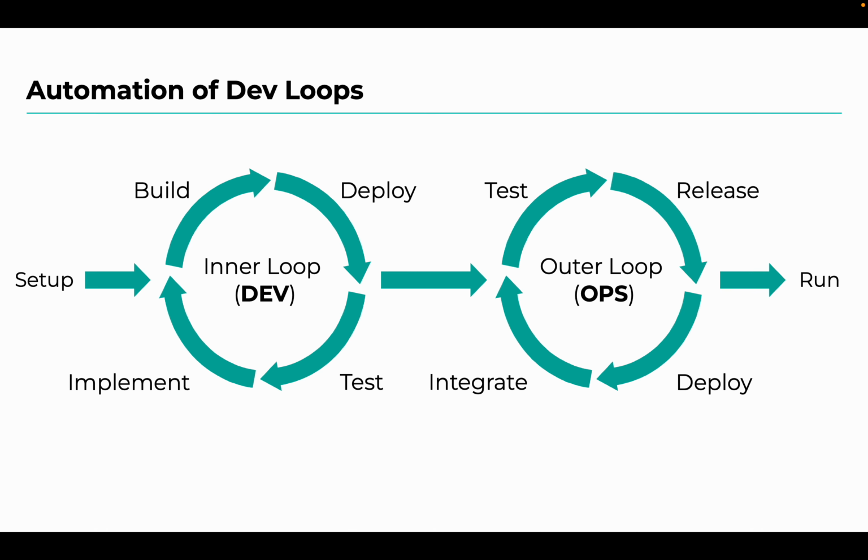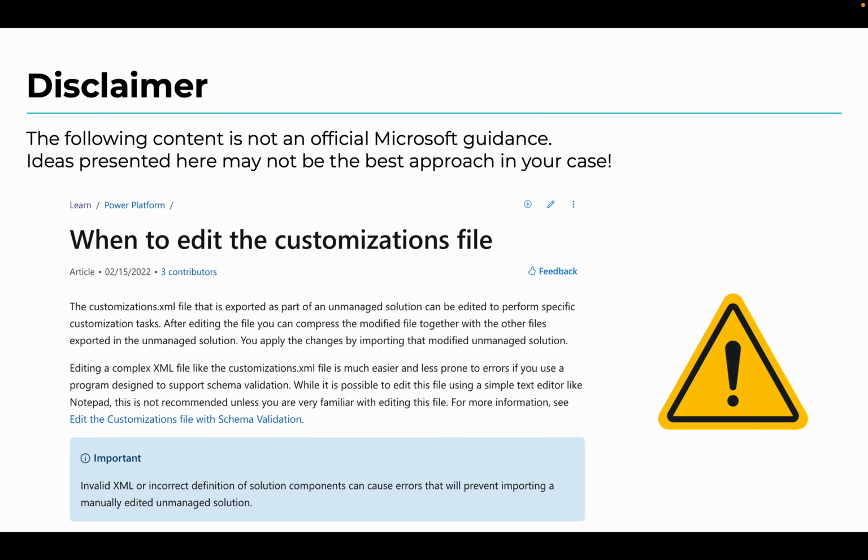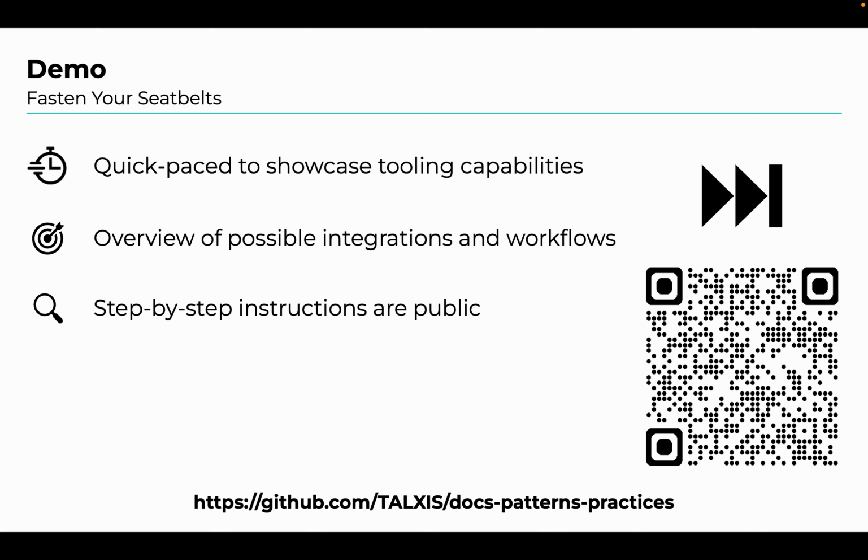We will be heavily focusing on the setup part, how to configure your custom DevOps environment in order to enable this process. Many of these things rely on customizing solution files. This is not recommended. Treat it like that. Here is a link to the repo with the demo that I will be showing.